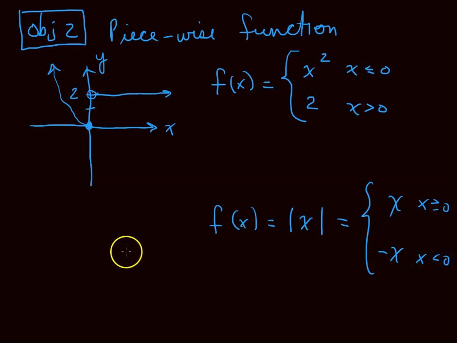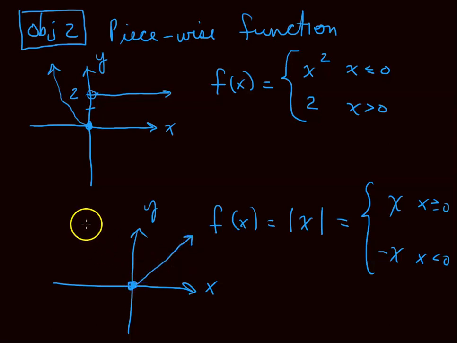So it's made up of y equals x, the identity, when x is greater than or equal to 0, and y equals negative x when x is less than 0. And together, this piecewise setup makes the absolute value function.